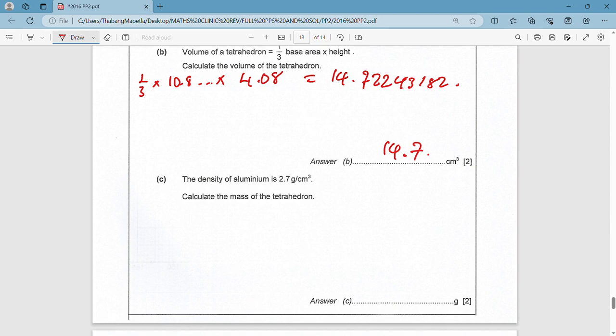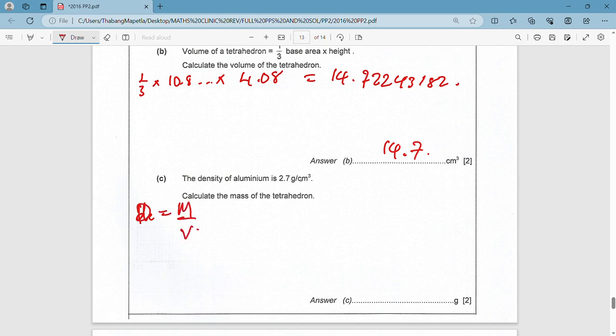Density is equal to mass over volume. We're looking for mass, so we multiply by volume. So it's going to be density times volume.